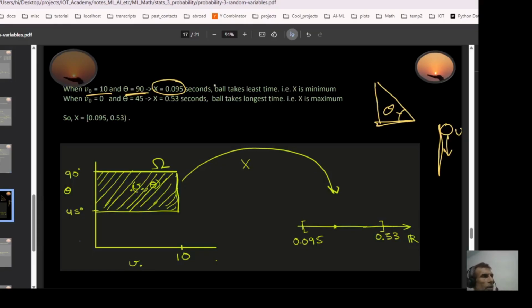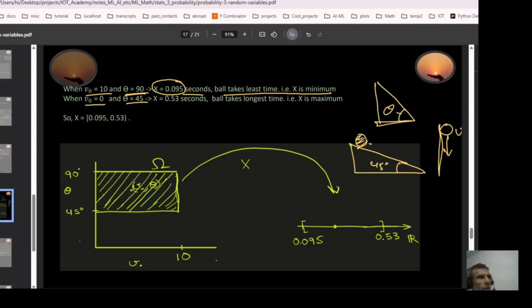And so in this particular case, by the way, the ball takes the least time. That means your x is minimum. It reaches the bottom very fast. On the other hand, I took another case when your v0 equals 0, meaning your slope is something like this, and my angle is 45 degrees. I just let the ball go on its own. I am not giving any velocity.